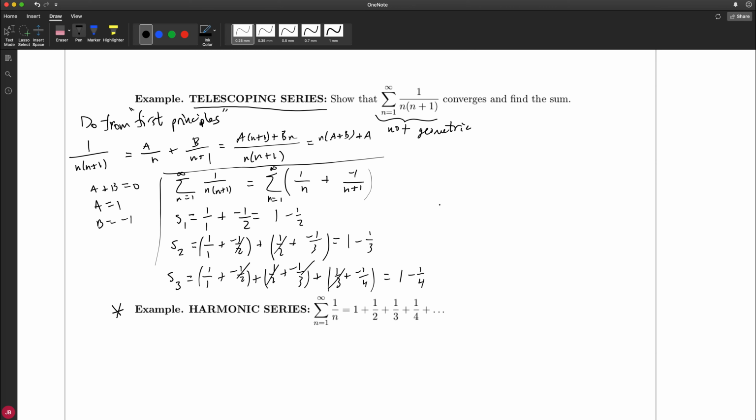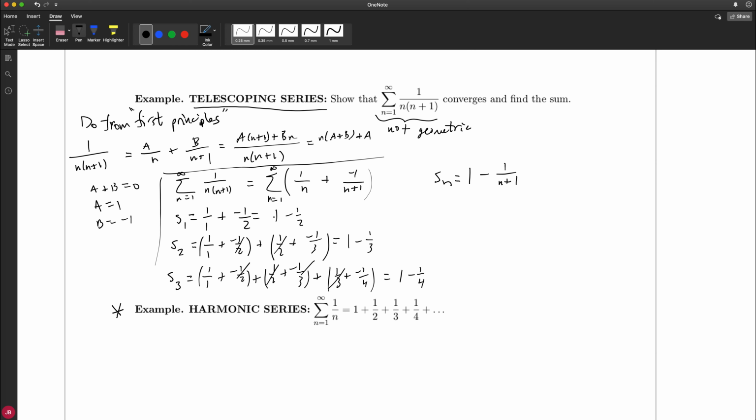So if you were a betting person, what do you think Sn is going to be? Well, S1 is 1 minus 1/2. S2, 1 minus 1/3. S3, 1 minus 1/4. So I would bet something like that: it looks like I'm always getting 1 minus 1 over whatever n value I'm at, whatever my subscript is, but then plus 1, right?